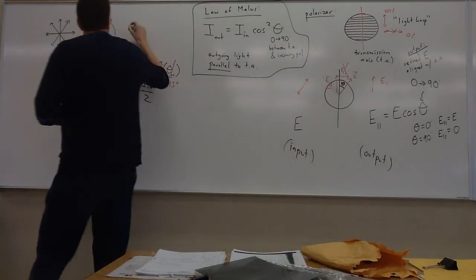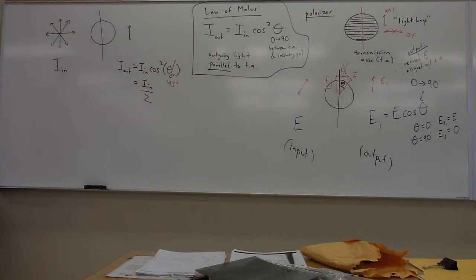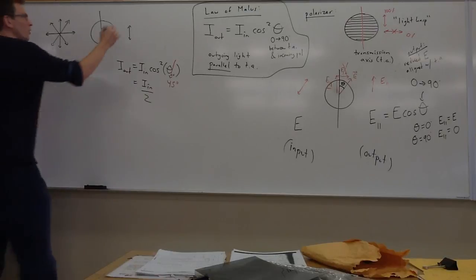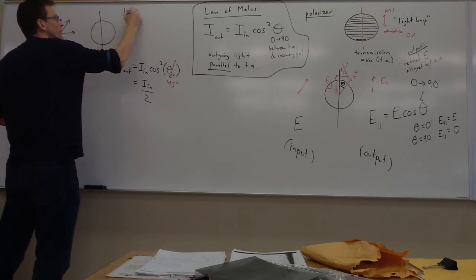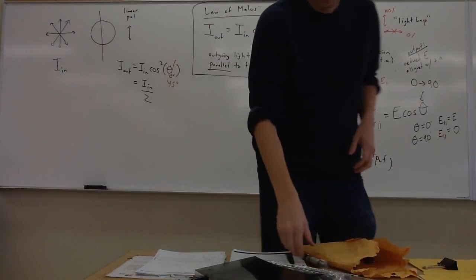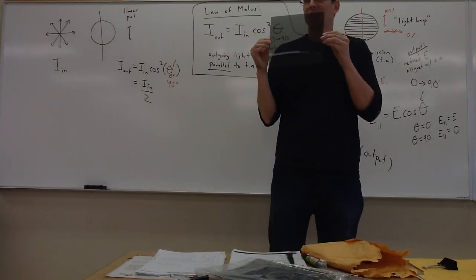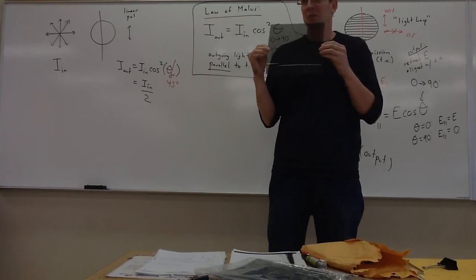And don't forget, what comes through is now polarized, because the only stuff that could get through is stuff that had either all or some along the transmission axis. So it also becomes linearly polarized now. When you see me hold up this sheet, you can probably see when you look through it that things are dimmed a little bit.